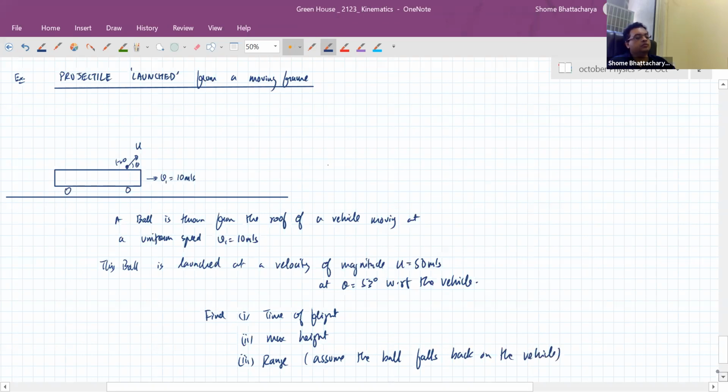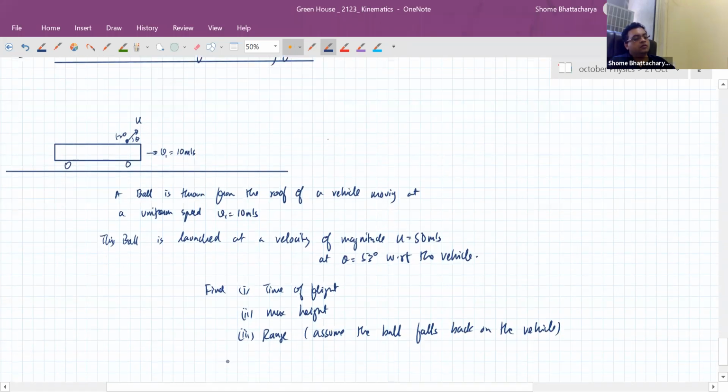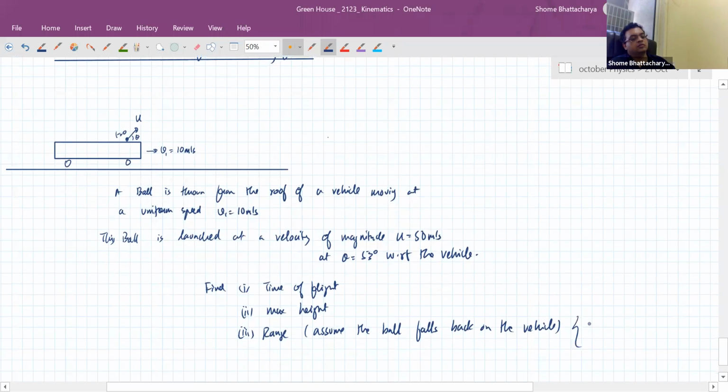So the range of the ball as seen in the ground frame or as seen relative to the vehicle's frame.